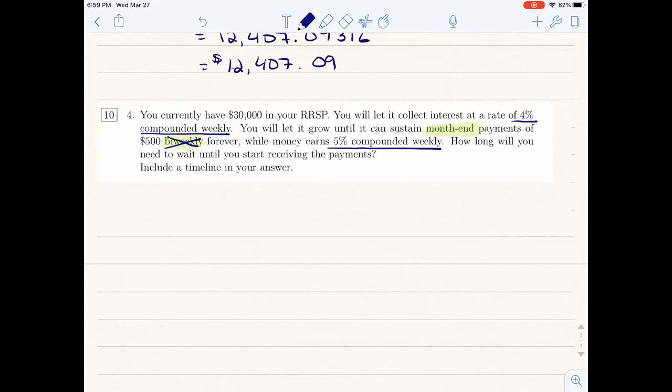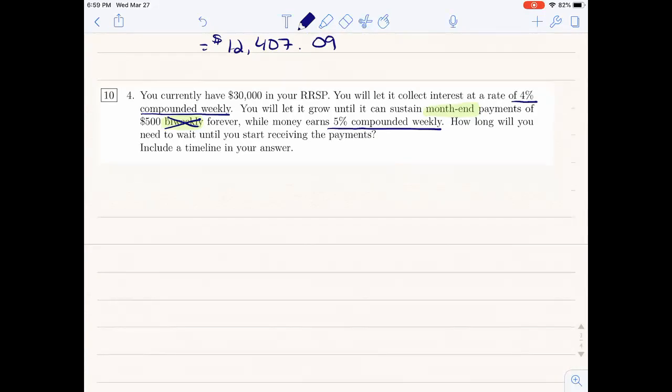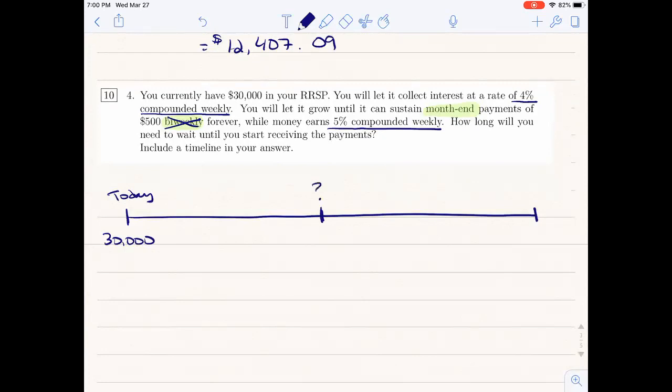How long will you need to wait until you start receiving the payments? So here, if we start today, and I've got 30,000 in the bank, at some unknown time point I'm going to start receiving month-end payments. So 1 month, 2 months, 3 months.